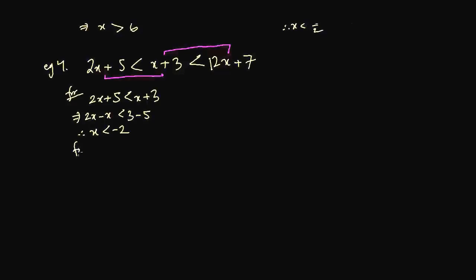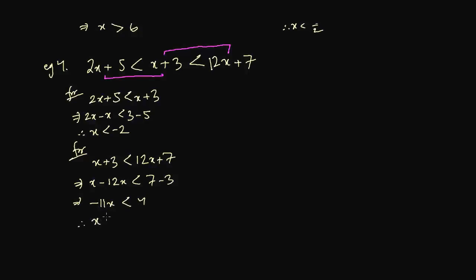Now the next one, for x plus 3 less than 12x plus 7. If we bring all the x on one side, x minus 12x less than 7 minus 3, this will be minus 11x less than 4.